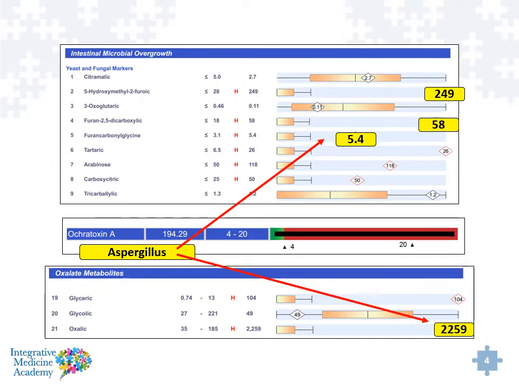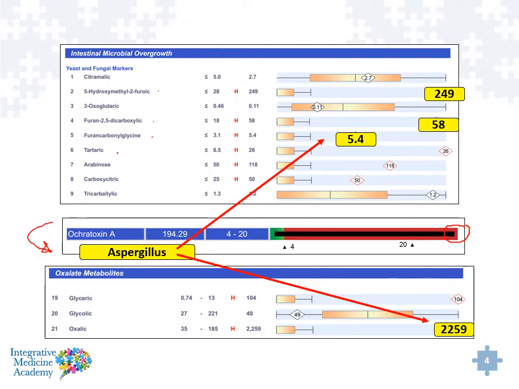If we look at this organic acid test, we'll see that this individual has markers 2, 4, 5, and 6 elevated. So there is absolute Aspergillus overgrowth within the digestive tract. And we see a very high level of ochratoxin, which is actually linked to Aspergillus.